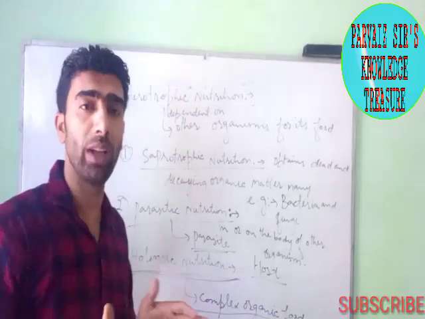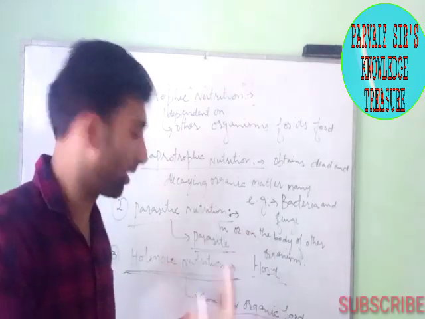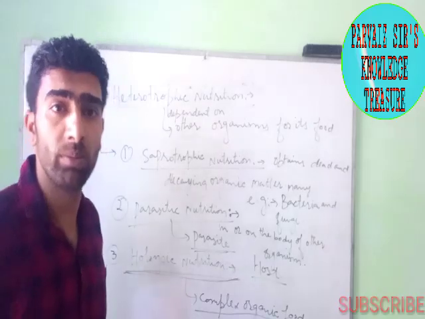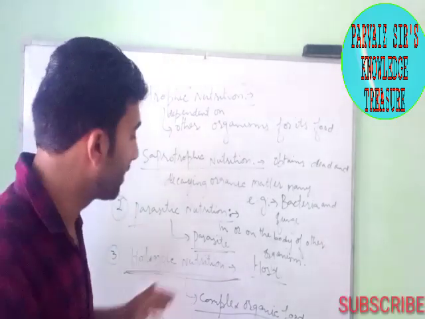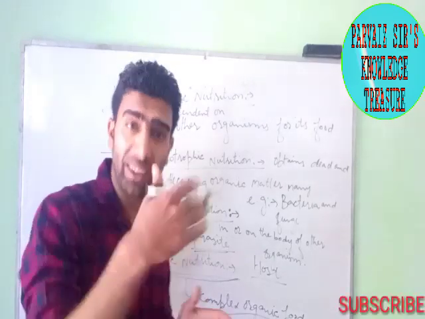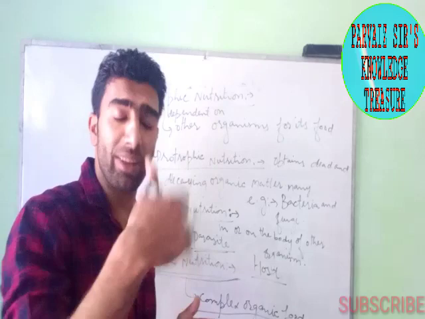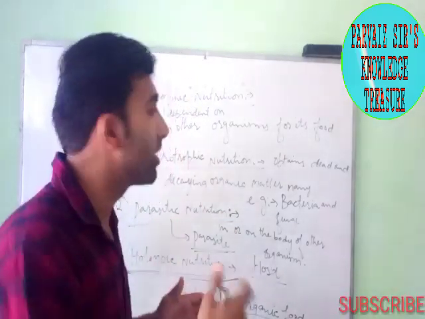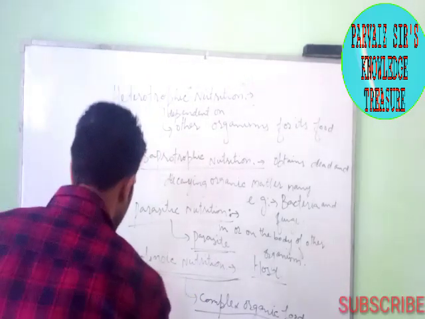Complex organic food is that food which has all the constituents: carbohydrates, proteins, fats, vitamins, minerals. The organism takes it in solid or liquid form inside its body, and then this food is digested, absorbed, and assimilated, and the undigested food is thrown out of the body by the process of egestion.